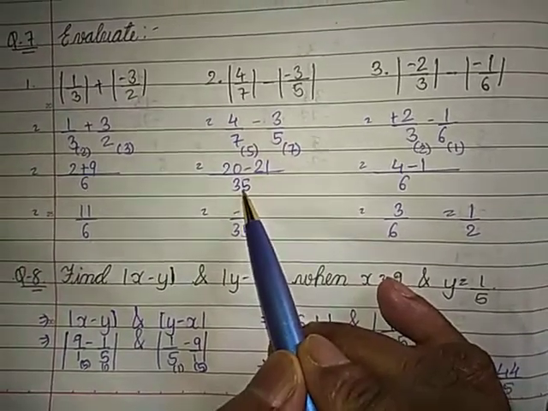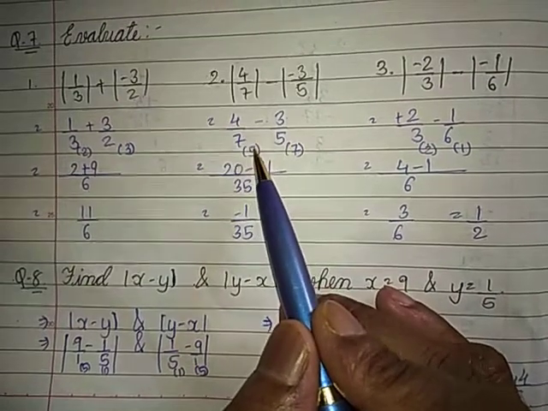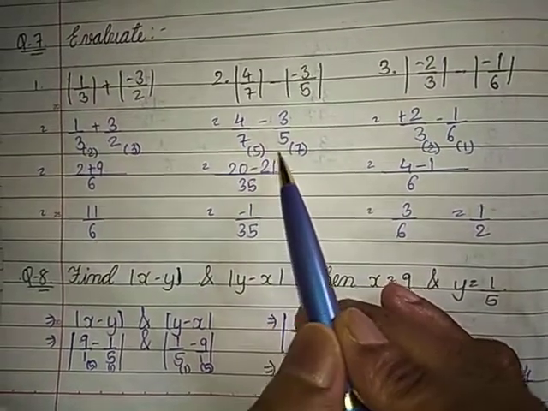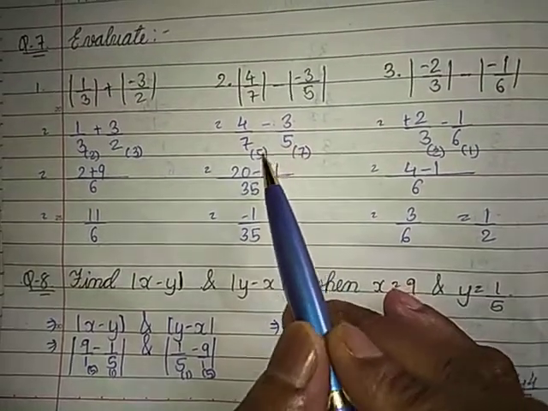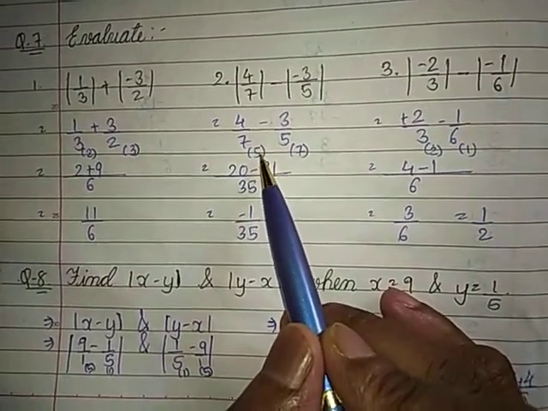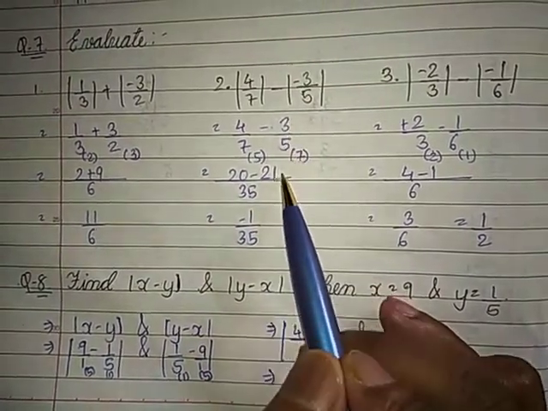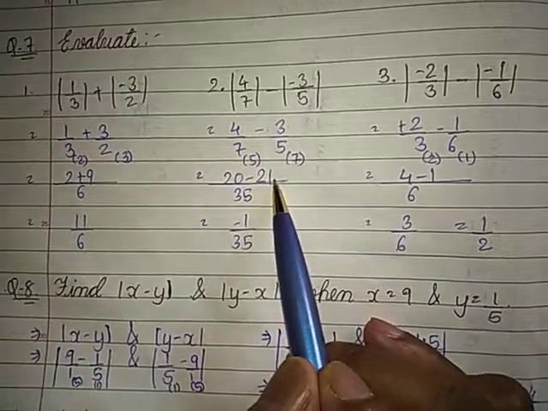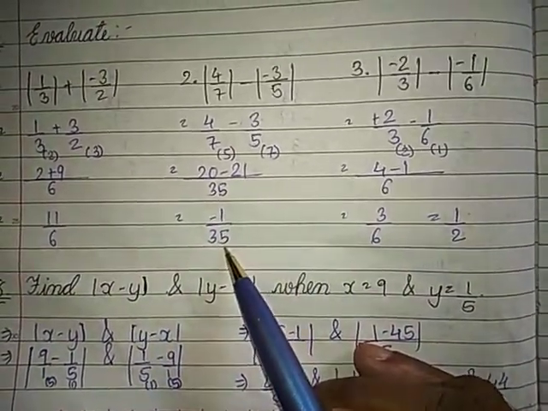So by which number will you multiply 7? 5. By which number will you multiply 5 to get 35? 7. So multiply this with the numerator. 5 4s are 20, 7 3s are 21. So 20 minus 21 gives you minus 1. So it is minus 1 upon 35.